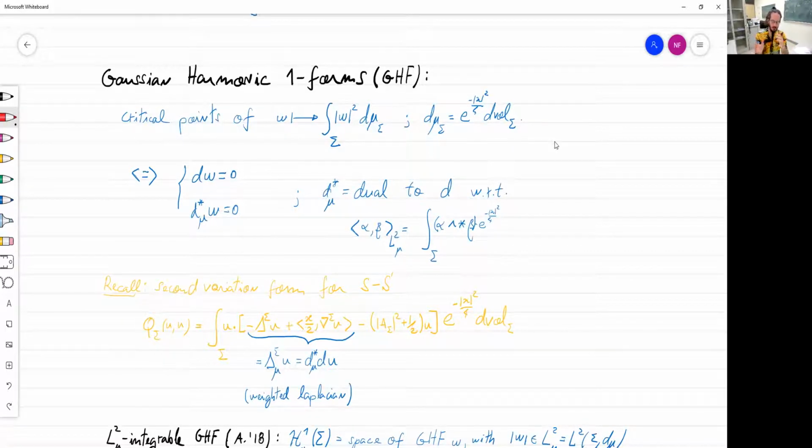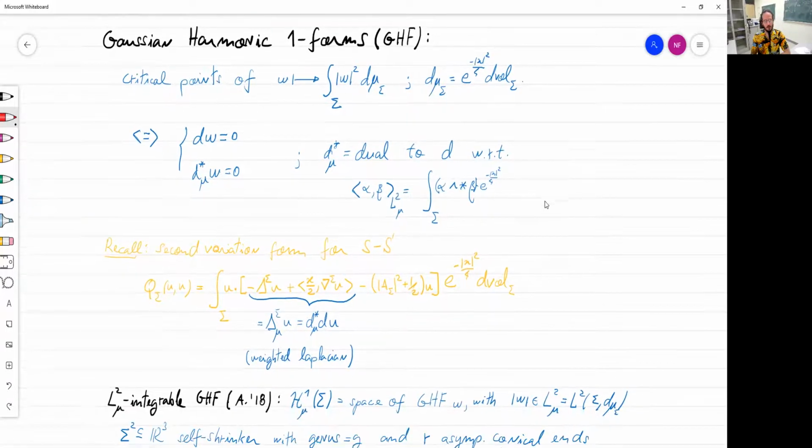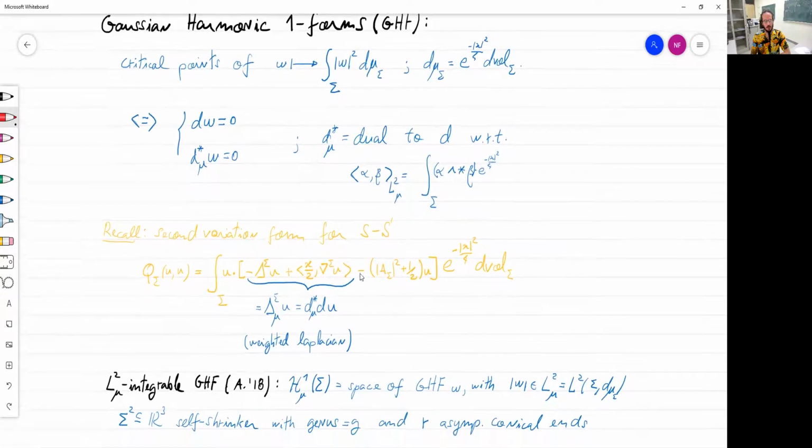It's completely analogous to harmonic one forms, right? You put your weight in the area functional, and then you put a weight in the L2 norm. Harmonic forms are just critical points of the L2 norm. Okay. So if you look at the second variation again, right?